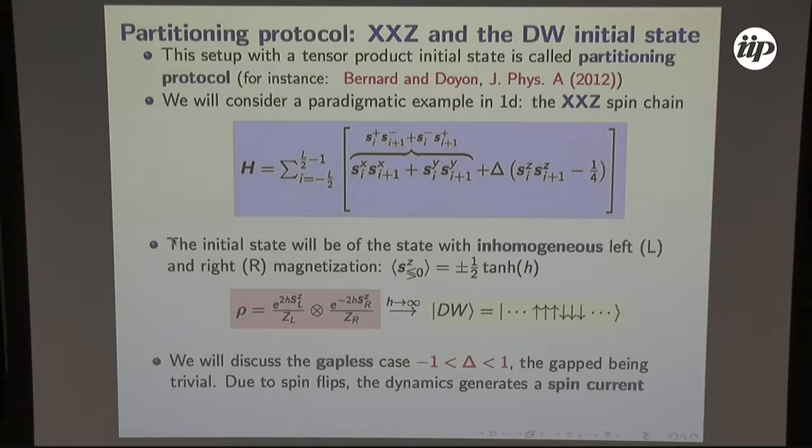So when you add a small magnetic field gradient, the system responds, producing a current which stays there. At time equal infinity, you still see the current in the system. So it's like a supercurrent. In this sense, ballistic. It doesn't die. When delta is larger than 1, there is diffusion, which means that if you wait long enough and you are far from the contact point, you don't see anything. The current dies.